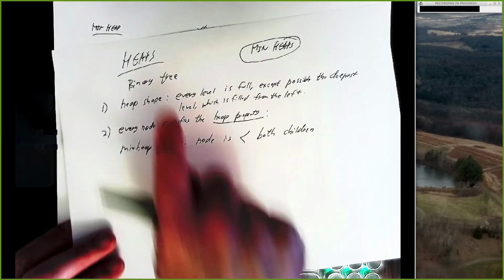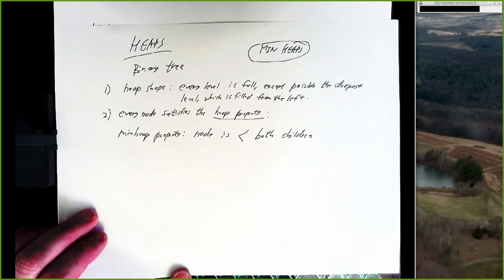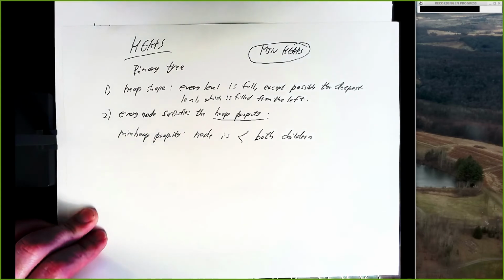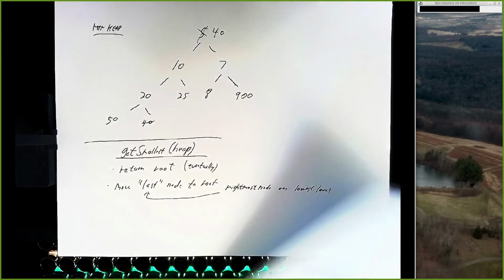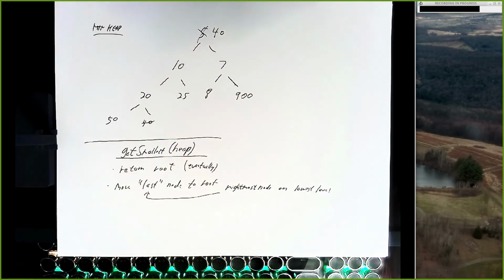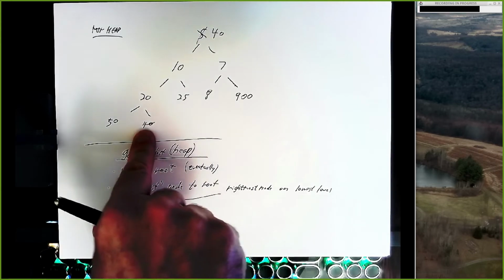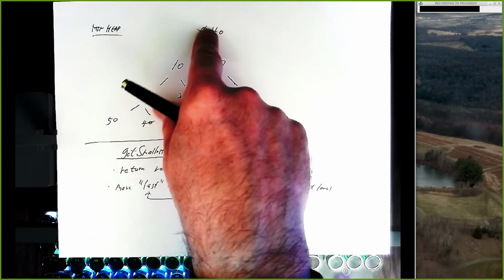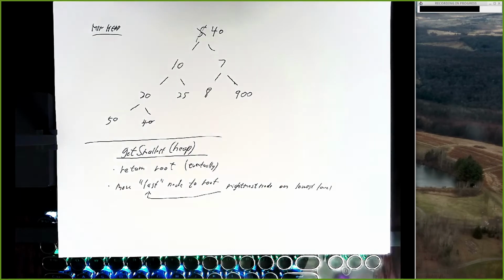Well, we've got the heap shape, we've removed the 5, but now we have to worry about property 2. We have to satisfy the heap property at every node. And hey, we just took a number from the bottom of the heap and put it up on the top. There's a good chance that's going to violate the heap property.